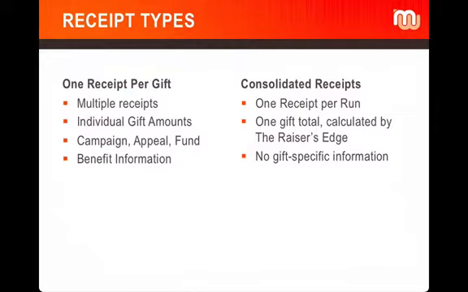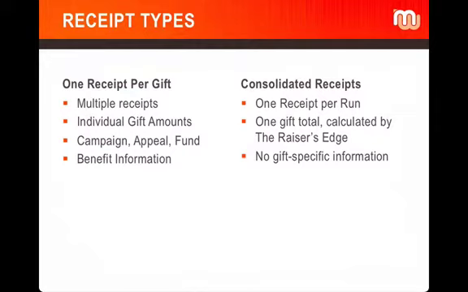This also means that if you're in the middle of a year and you decide to run a receipt run, and I'm set as consolidated, let's say we're six months into the year, if I don't filter out any other gifts, it's going to consolidate all of the gifts I've had so far. Same thing if you don't specify the year, it's going to do it as one run.